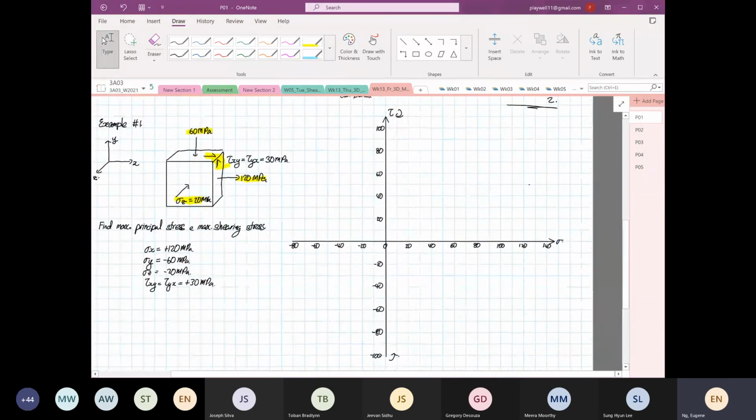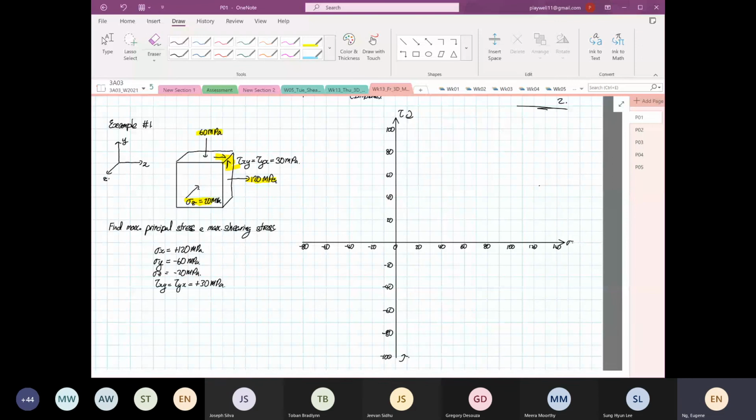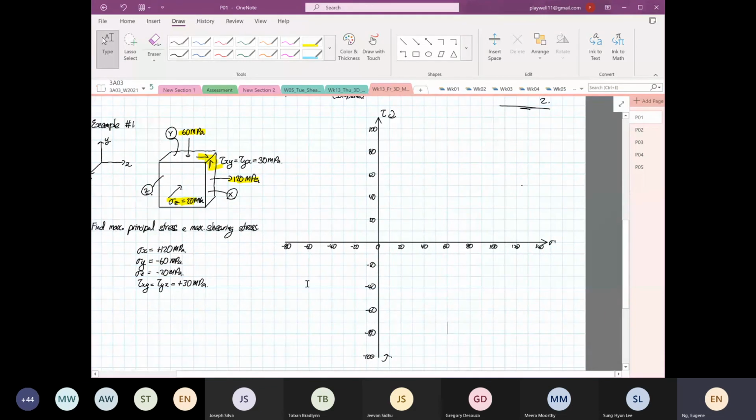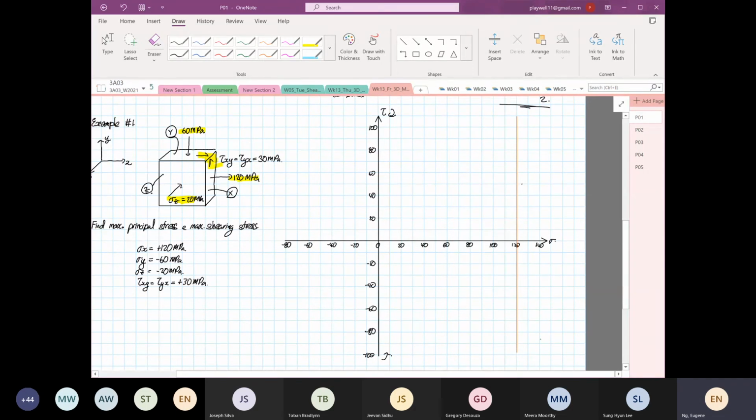We will hunt down where our points on the Mohr circle are. We're going to label them X, Y, and Z. X is at 120, so this is our stress X value.